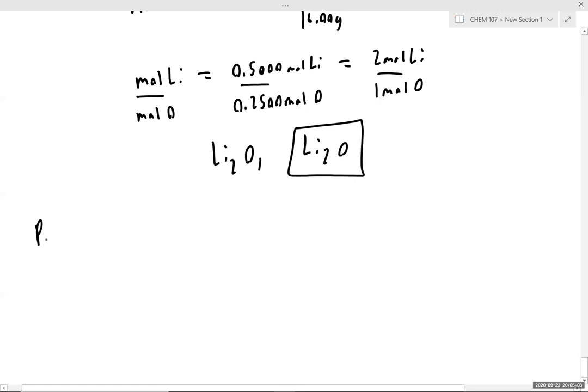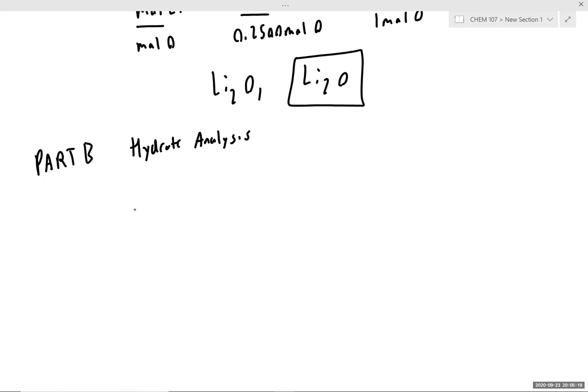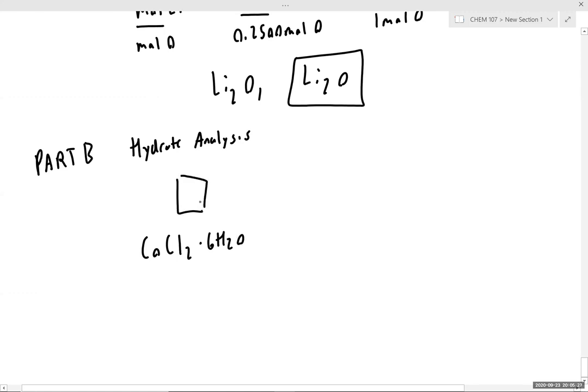Let's look at part B now, which is our hydrate analysis. As we discussed, we are looking at the example of cobalt chloride hexahydrate. So we start with our hydrate, and if we heat our sample, we lose water, and we isolate the anhydrous form.